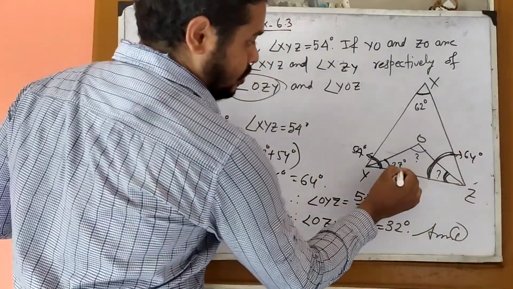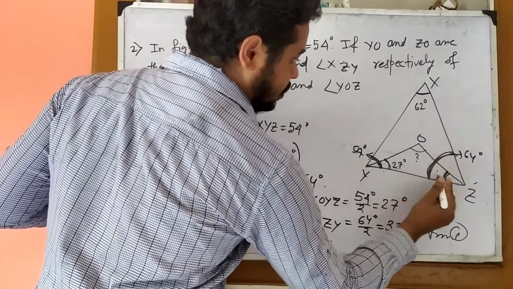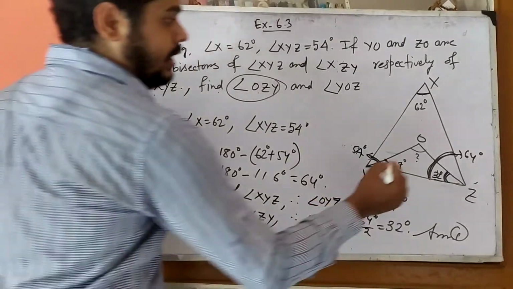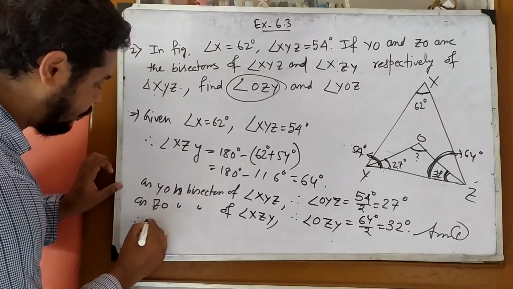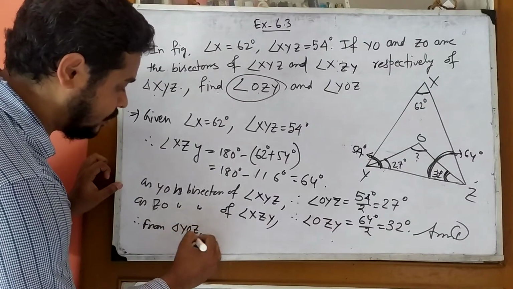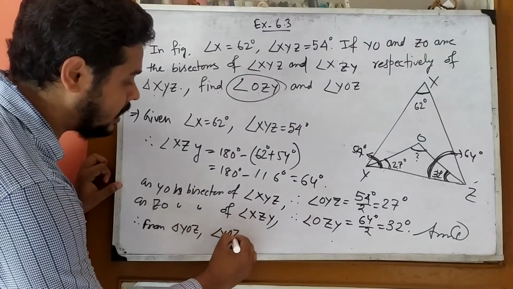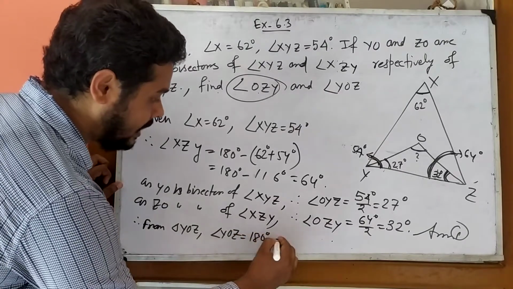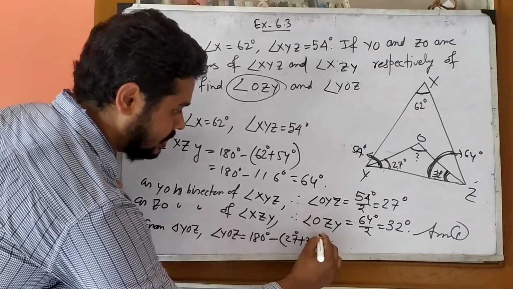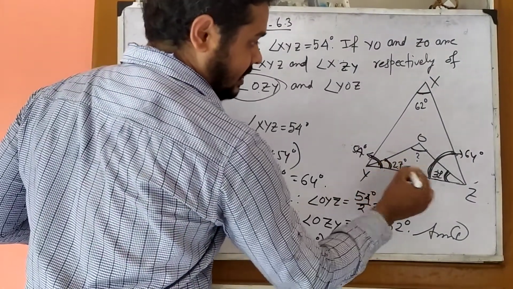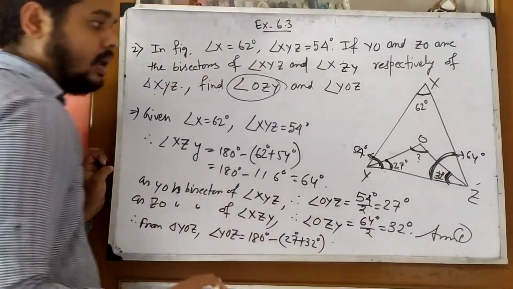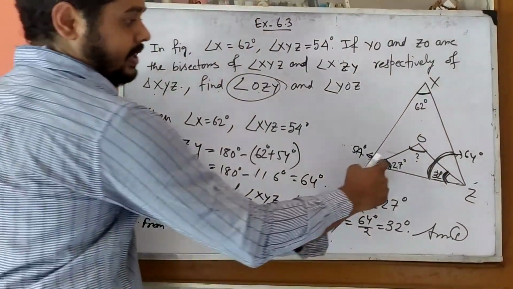Now this is 27 degrees, and this portion we already obtained as 32 degrees. Therefore from triangle YOZ we can write angle YOZ equals 180 minus the sum of 27 plus 32 degrees, because this one is 27, this one is 32. Therefore angle YOZ equals 180 minus the sum of these two angles.